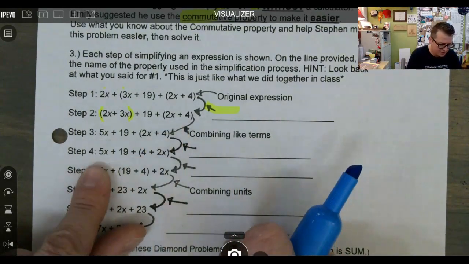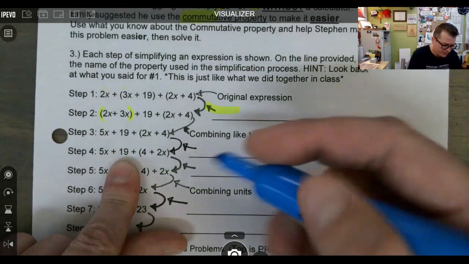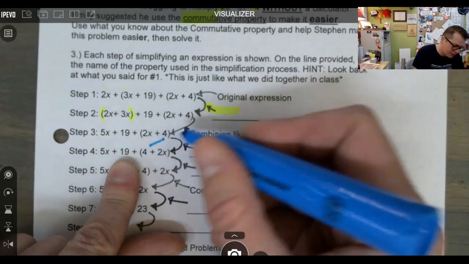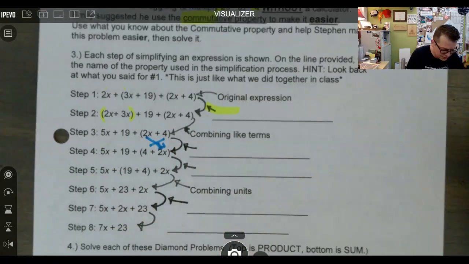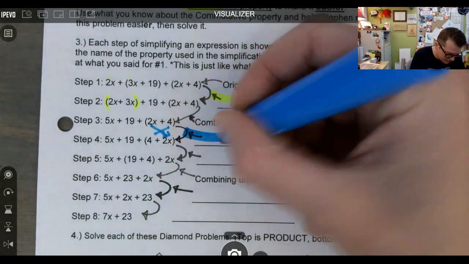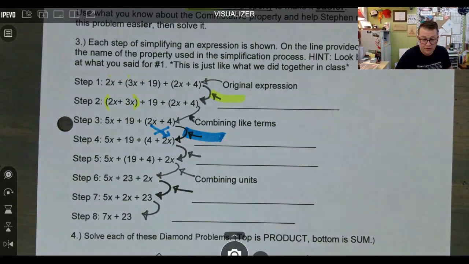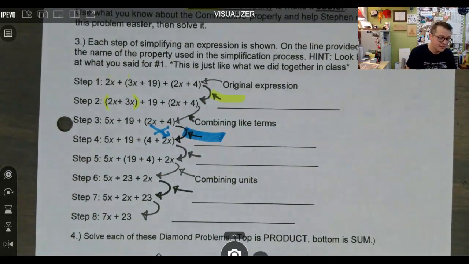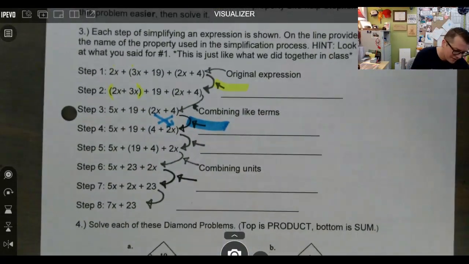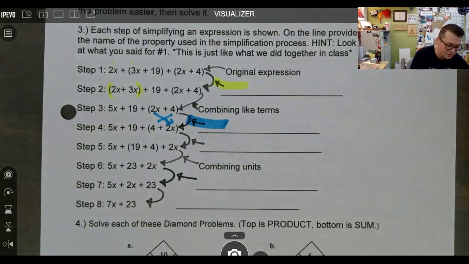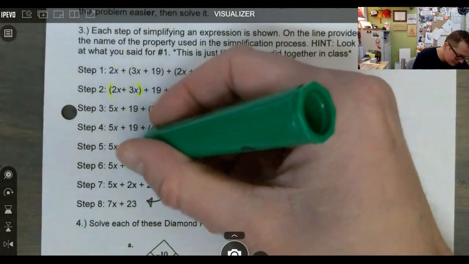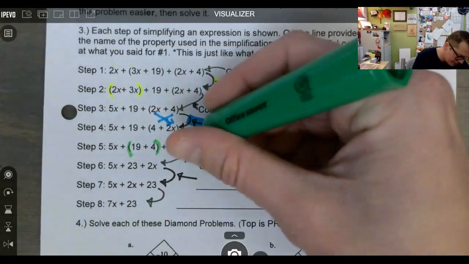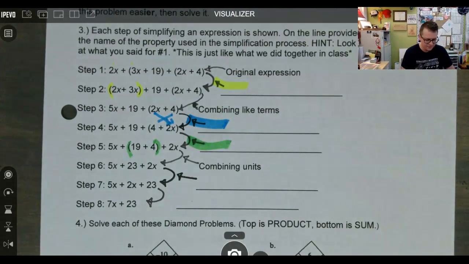So moving from step 3 to step 4, what happened? Well, the 4 was over here, moved over there. The 2x was here, moved over there. So numbers moved around, and that answer would go on this line, right? And the answer is not "numbers moved around." It's either commutative or associative property. Or like simplify. Sometimes we use simplify, right? So 5x plus, these parentheses are new. What would that be? And that answer goes here.